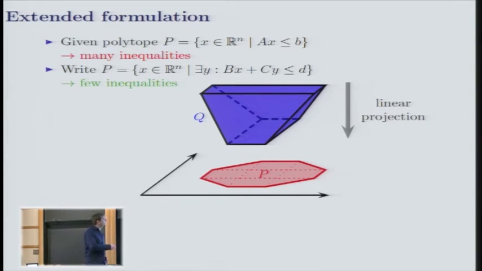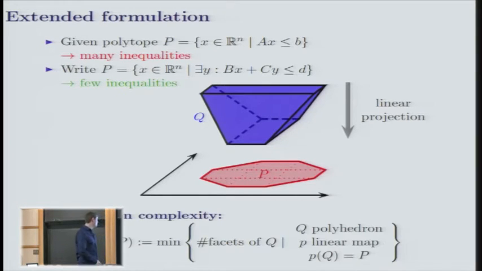And this higher dimensional polytope Q is called a linear extension of the original polytope. The quantity that we care about is the so-called extension complexity of our original polytope. This is the smallest number of inequalities that you need to describe a higher dimensional polytope Q that you can project down to recover P with a linear projection.